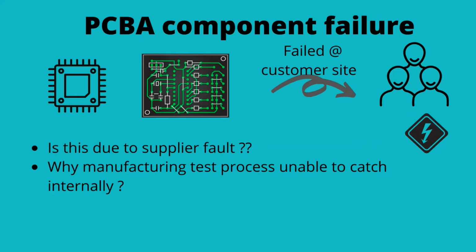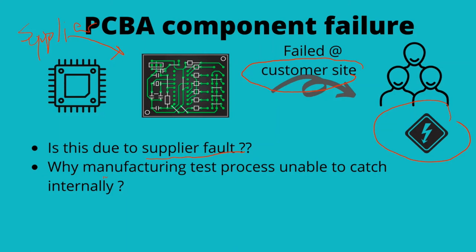There's a printed circuit board failure that always happens at the customer site. So is this due to the supplier's fault? Because the supplier is the one that supplies the printed circuit board. However, it always fails at the customer site when it's assembled into the end assembly, and there is finger pointing back to the suppliers.